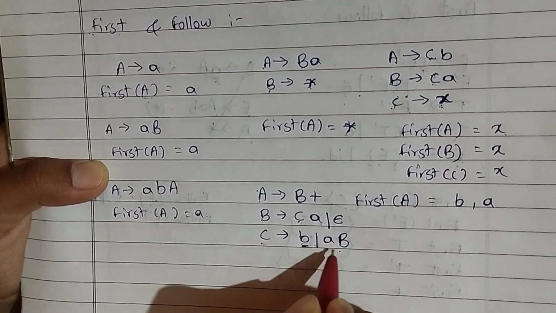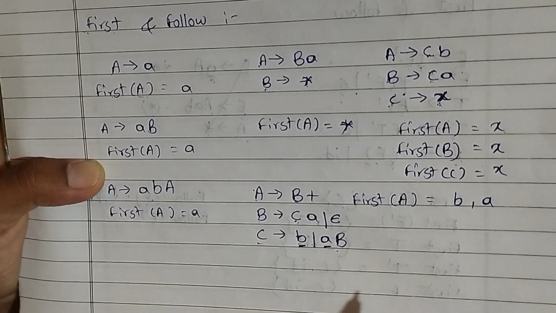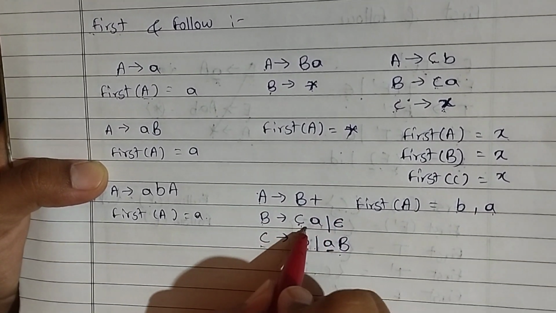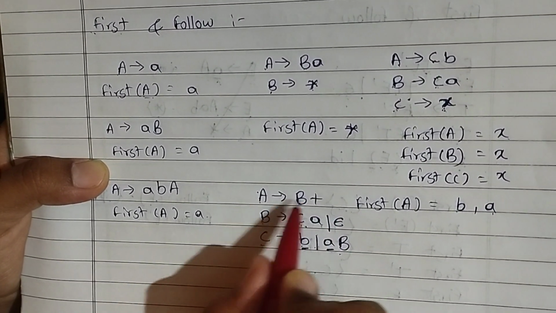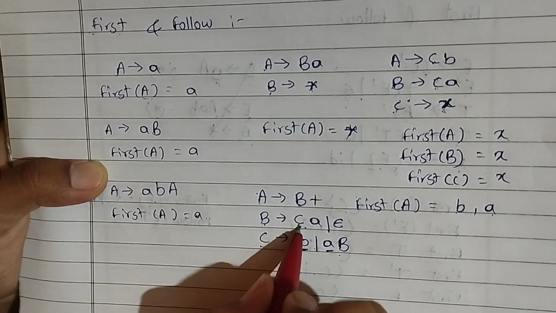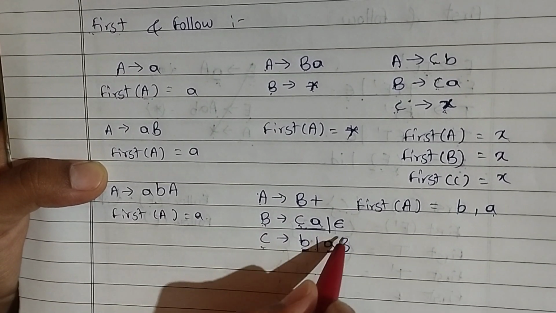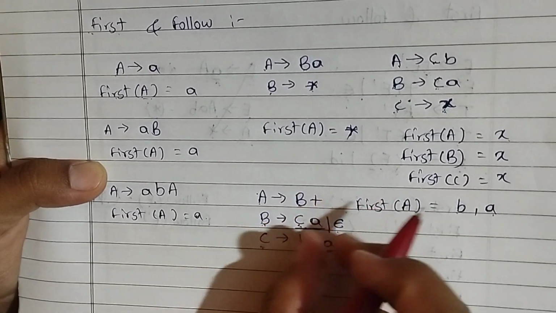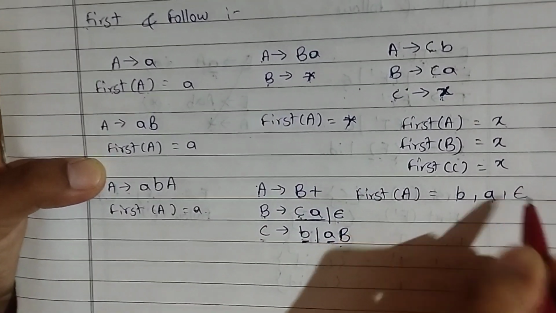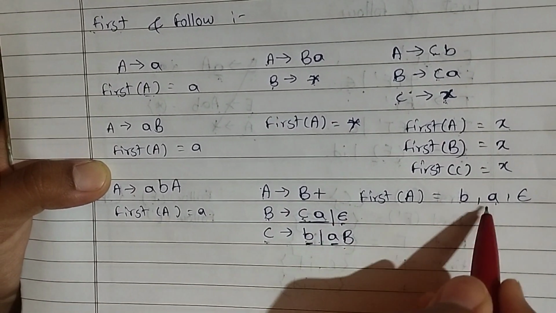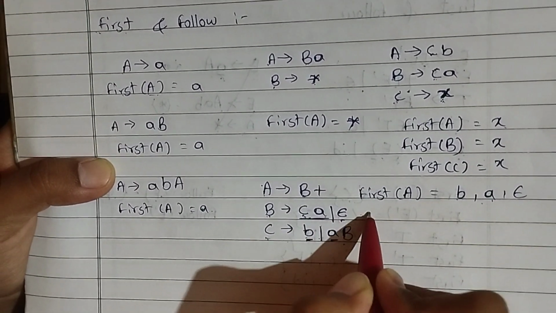So the first letter is B. So first of A is a, b, but here we also mention A → B, B → C. For this grammar we visit this capital C, but for this grammar null also comes, because it is also the first letter of the second production. So this is the first of A.